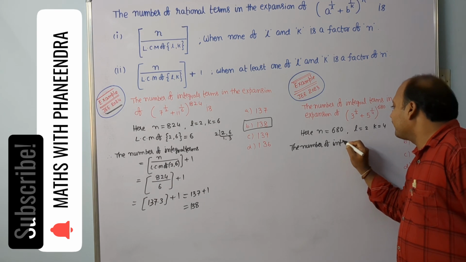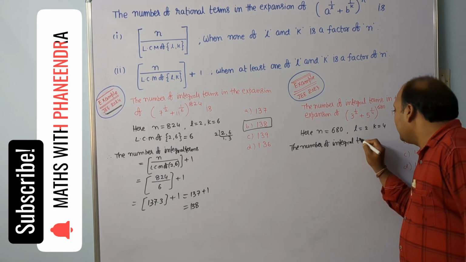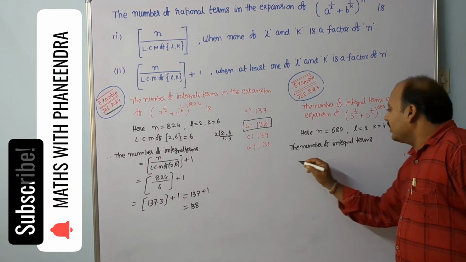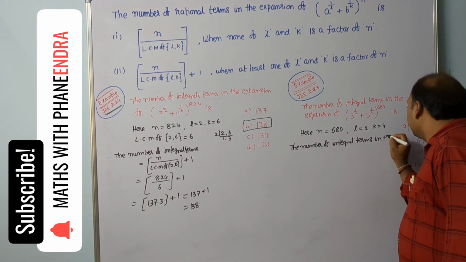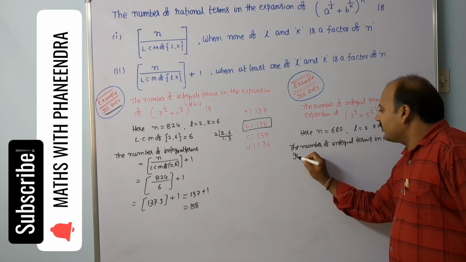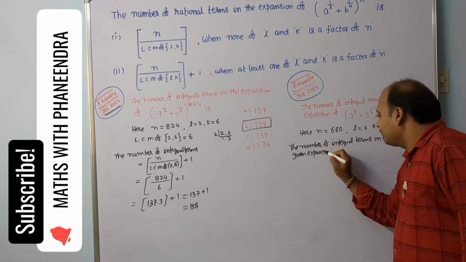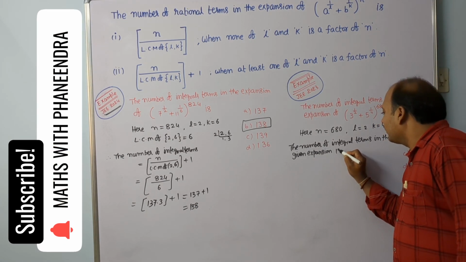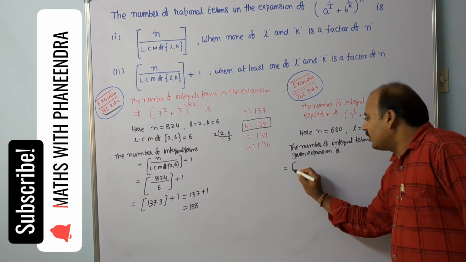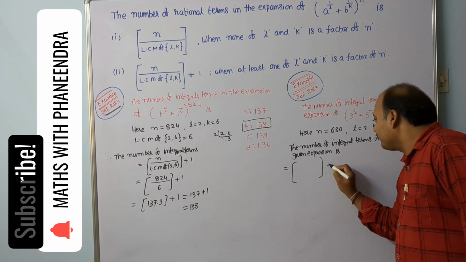So therefore the number of integral terms in the given expansion is, so directly I am writing the formula.